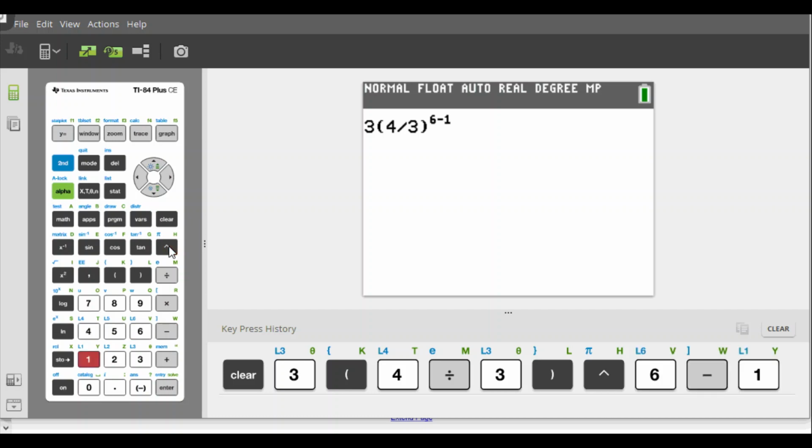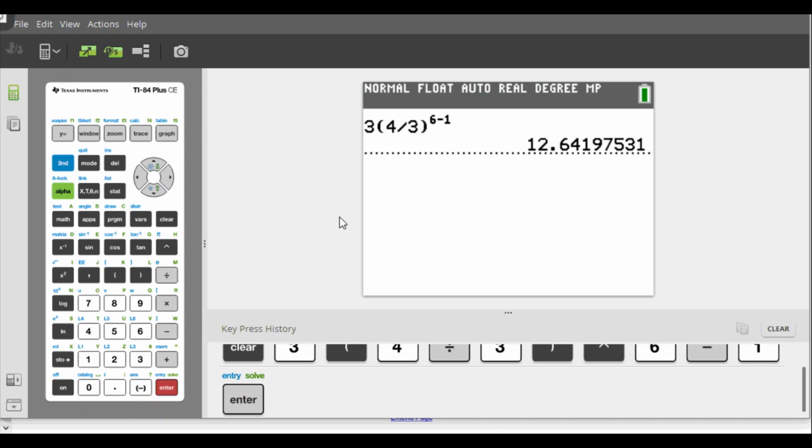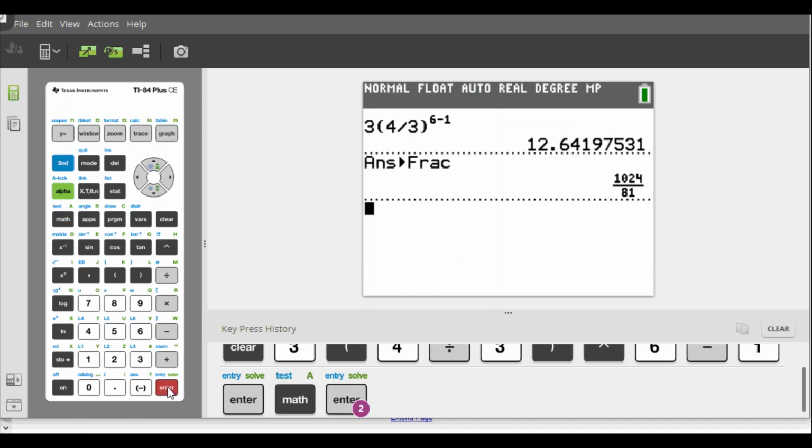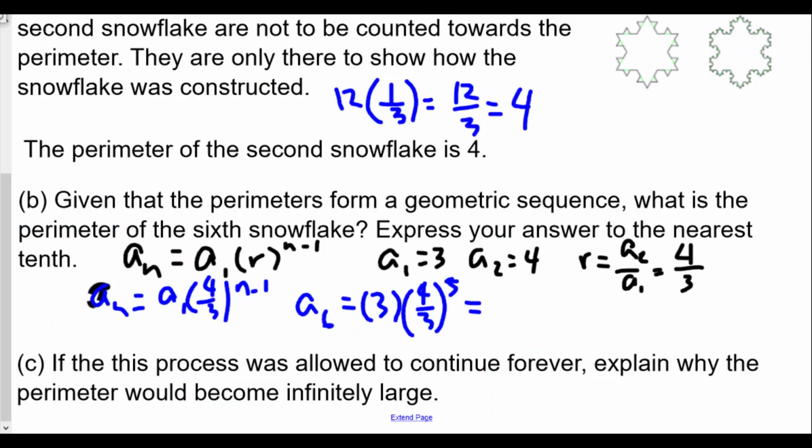We can put down 5. And we get 12.64197531. Now we could find this fraction, hitting math, enter twice, as 1024 over 81, but they were satisfied with rounding off to the nearest 10th. And so we're going to now get, in this case, 12.6.